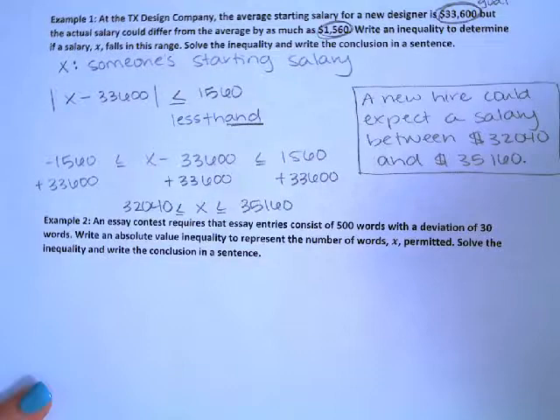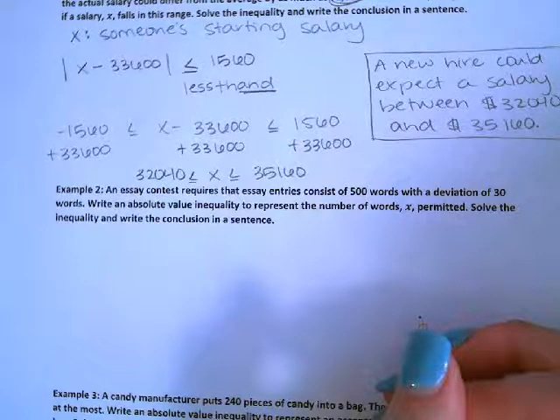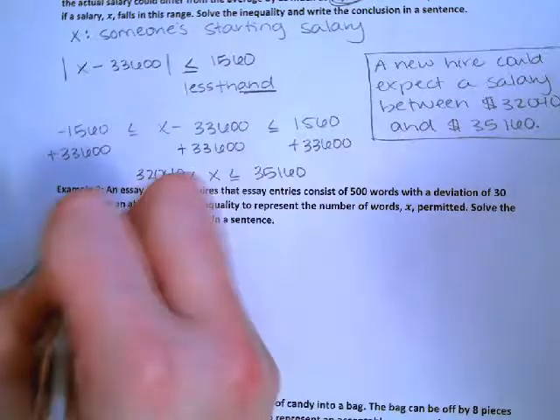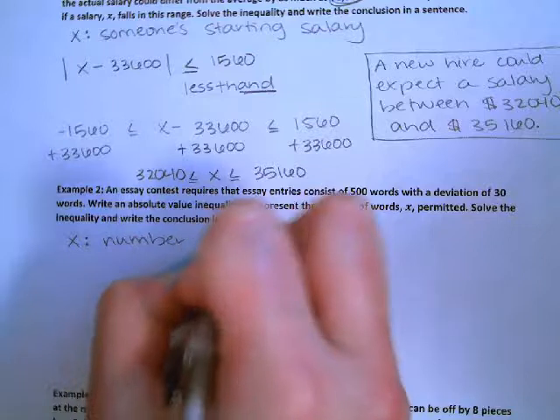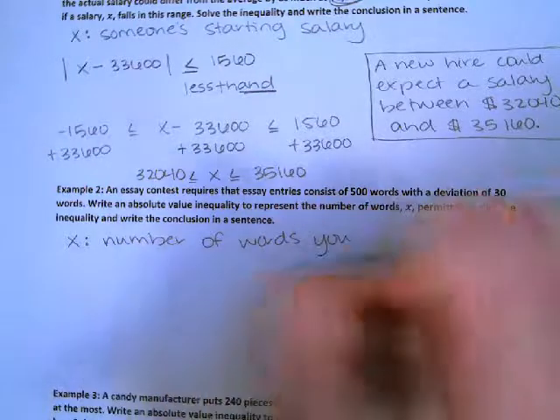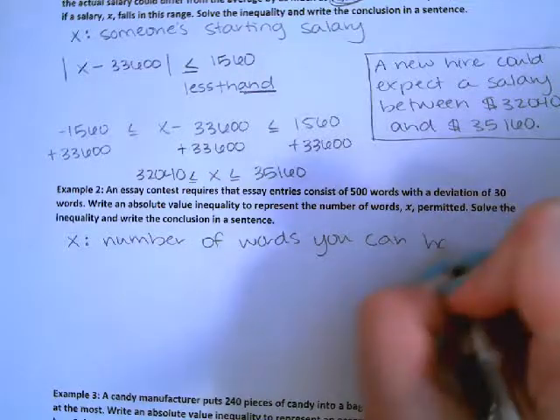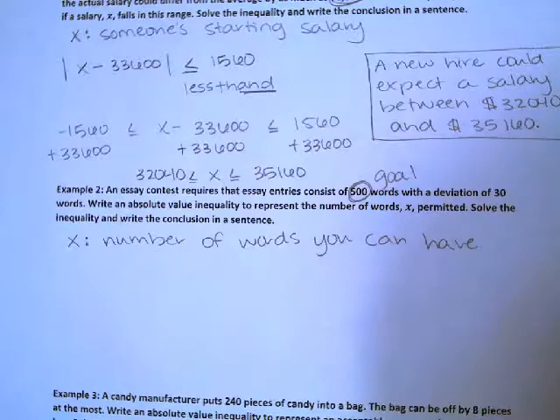All right, an essay contest requires the essay entries consist of 500 words with a deviation of 30 words. Write an absolute value inequality to represent the number of words X permitted. So X is the number of words you can have. So 500 is the goal, but you're allowed to be 30 off of that goal.